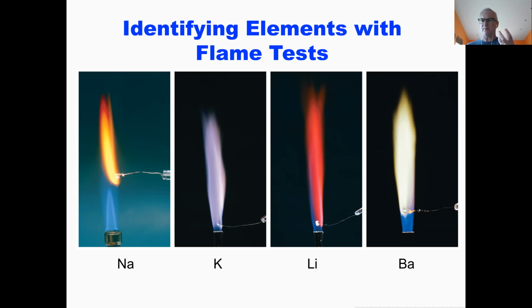It's been known for a long time that different elements burn with different colors. That's how fireworks work. You paint fireworks with different salts, barium salts, lithium salts, potassium salts, rubidium salts, calcium salts. When they explode, they have different colors. So that's been known for a long time.